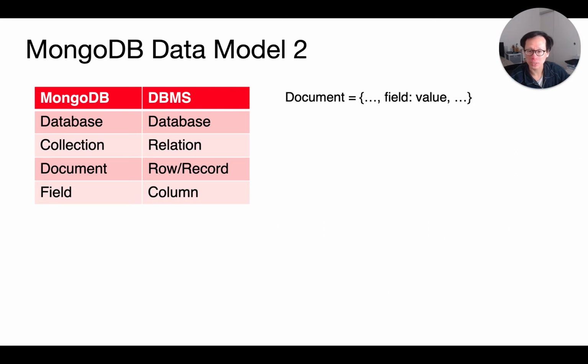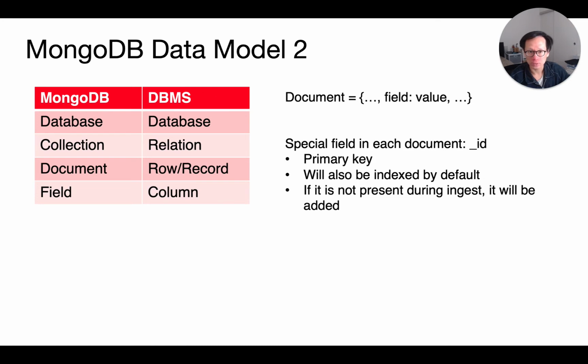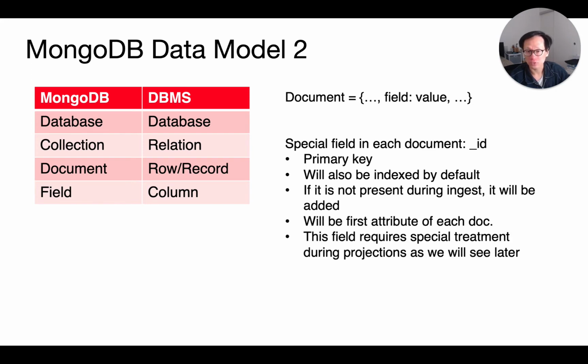In MongoDB, every document also has a special field called the _id, and that is used as its primary key until otherwise stated. This _id is the default first attribute of every Mongo document, and we'll see how to use it in queries later on.